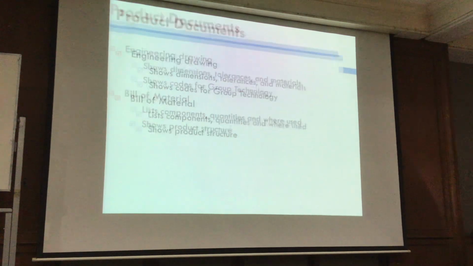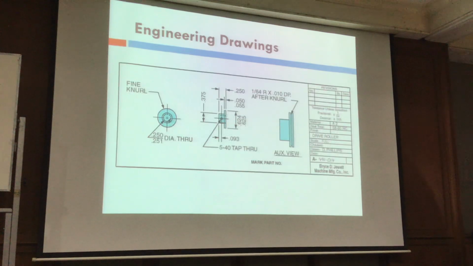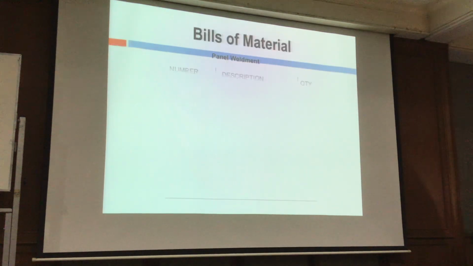So the next slide shows you the engineering drawing. This kind of thing shows you the dimension. In this case, it shows the diameter, the thickness, and what kind of code or qualification specification you're going to use for that product. Right. The next one is the bill of material.